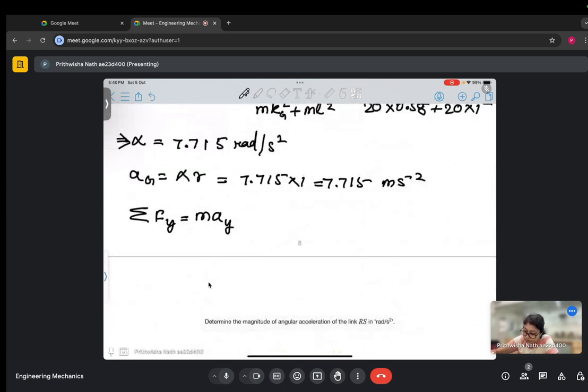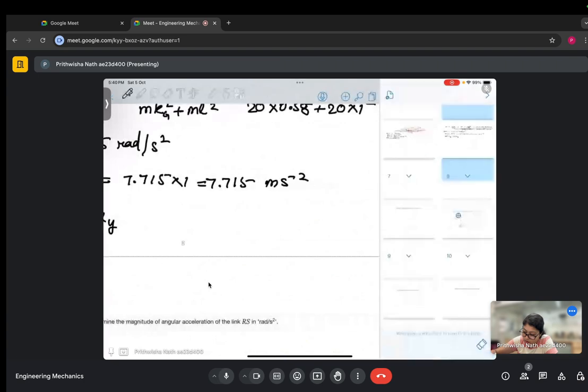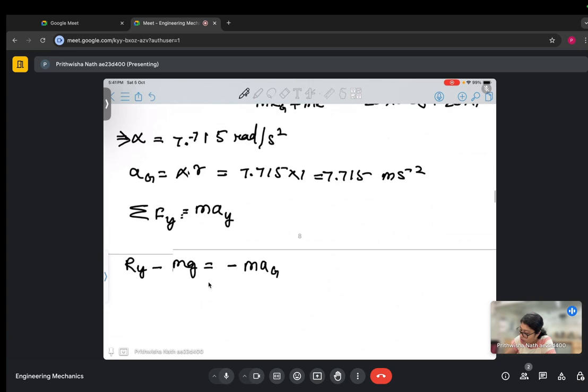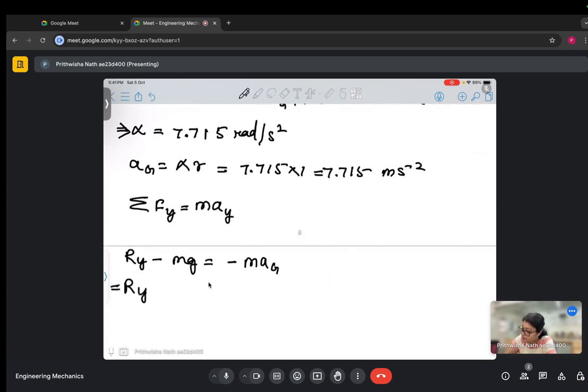So Ry minus mg equals minus mag. Now Ry can be written as minus mag plus mg.